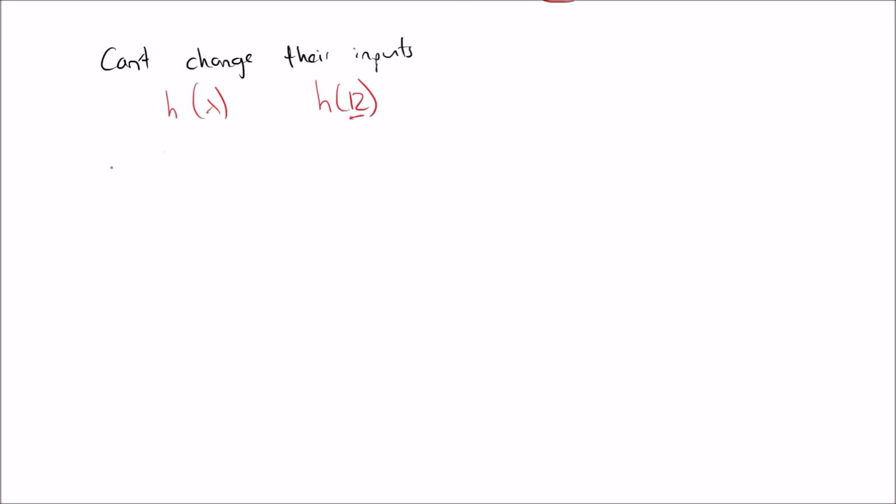And that also means that we can't change any variables, because in order to change variables, we would have to represent that as a function, as the execution of a function. And we just said that functions can't change their inputs, so we can't change any variables. And this is a concept that's called immutability, where once we define a variable, that variable can no longer be changed.